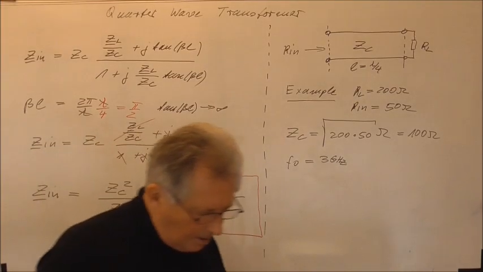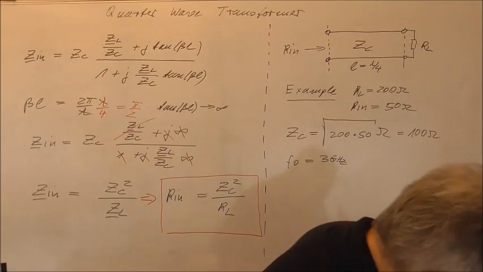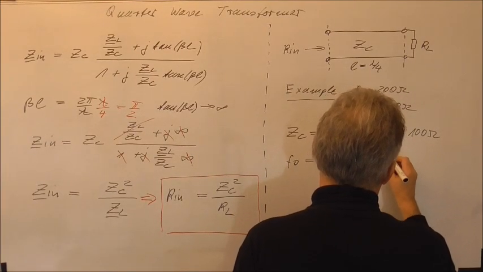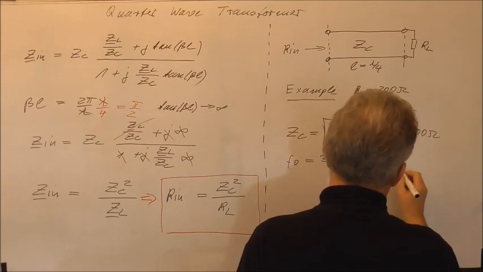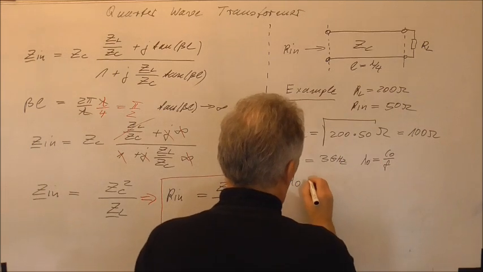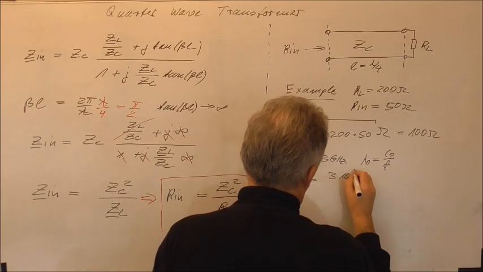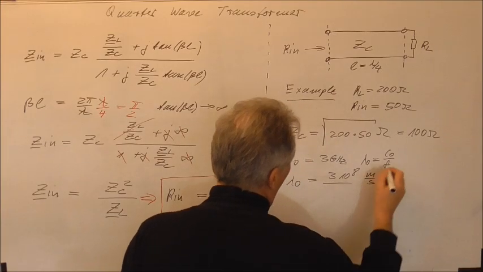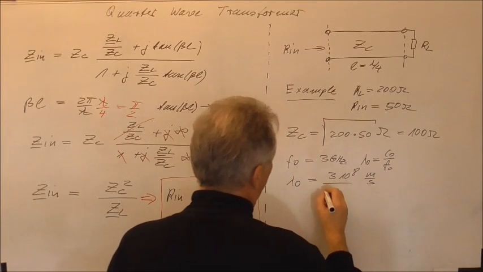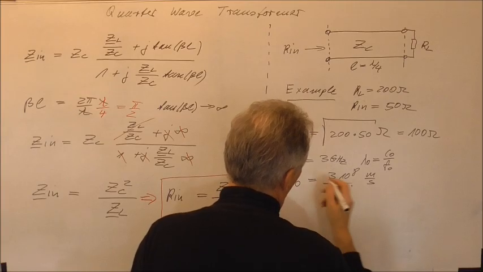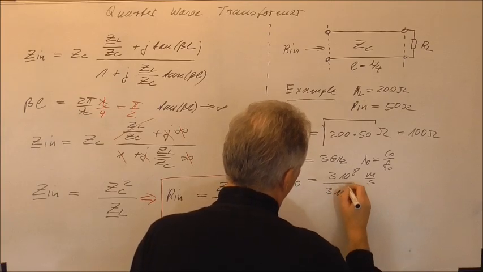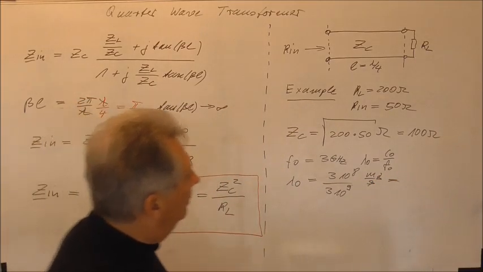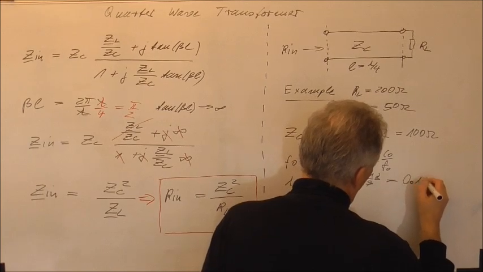So then if we have an air-filled transmission line, it's easy to calculate lambda naught, which will be c naught divided by the frequency. In our case lambda naught will be 3 × 10⁸ meter per second divided by f naught, which is 3 × 10⁹ per second, so the seconds will cancel, and we will get 0.1 meter.